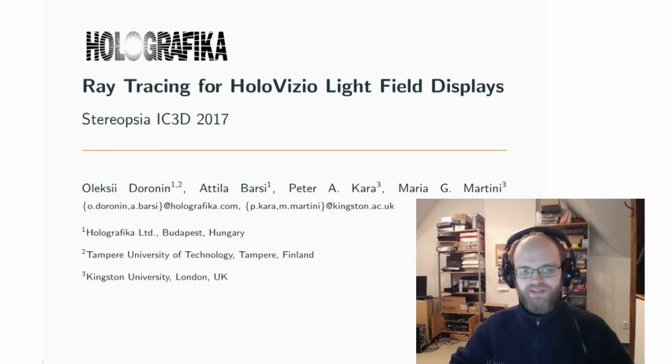The only difference in application of ray tracing to HoloVisio light field display, when compared to conventional display, is the generation of primary rays. Everything else, including generation of acceleration structure, handling of acceleration structure traversals, is the same for the light field case and for the conventional monitor case.